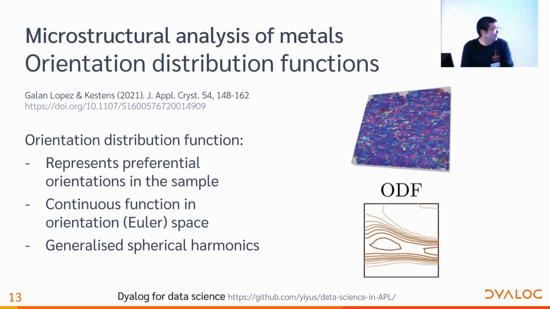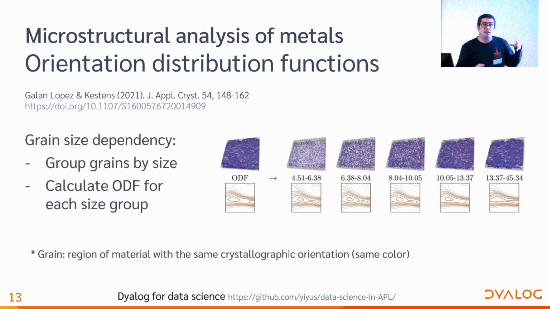And then something particular we did in this paper we published some years ago was to divide all this data in grains of different size. A grain is a region with the same color. And then we divide them in size intervals, and we calculate an ODF for each of them.